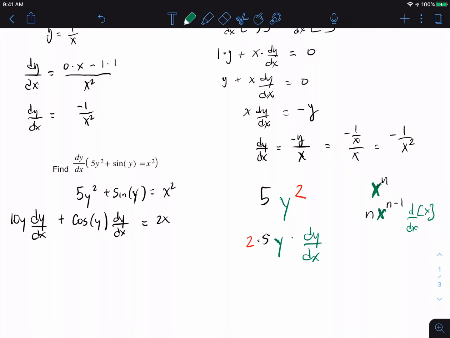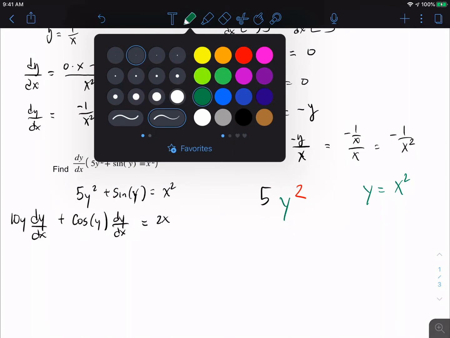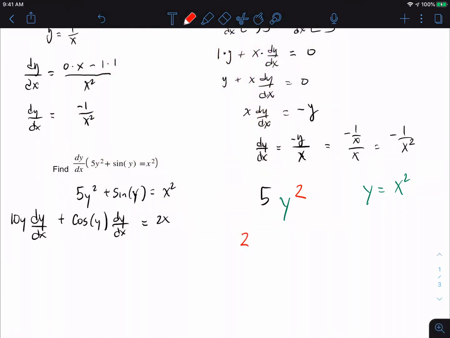So, case in point, let me show you, so you guys can truly see how complicated this gets. Oh, I shouldn't have erased that. But okay. Let me say that y is equal to x squared. So I'm just substituting y for x squared. When I do the power rule, I'm going to get 2 times that 5 times the y, and I'll even write the power rule fully so you can see, 2 minus 1.